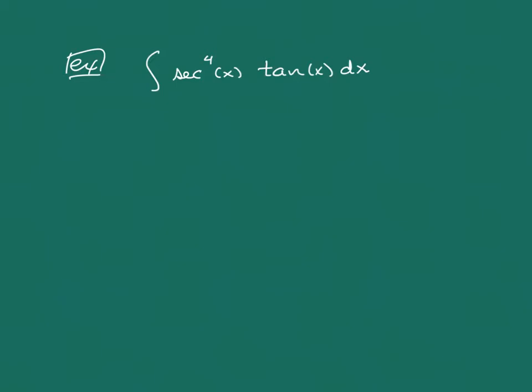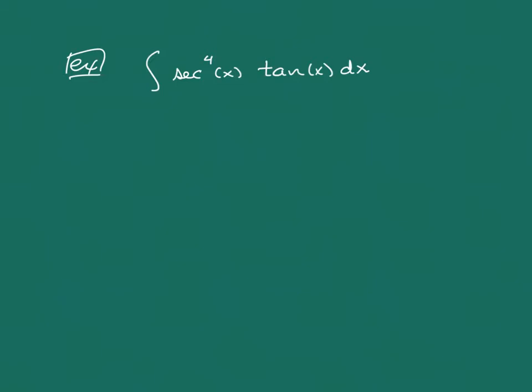As you've seen in some of the prior videos, the strategy was to take out a power that becomes part of our du, to then become a u substitution. That's the same kind of strategy that we're going to employ for some of these.